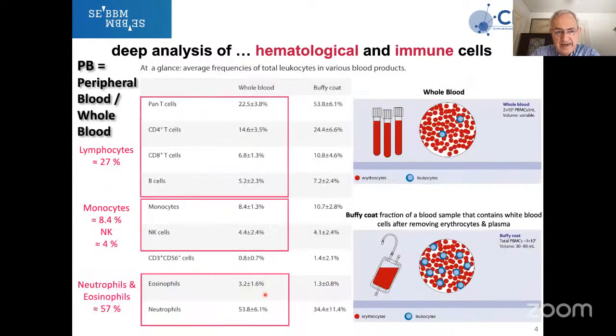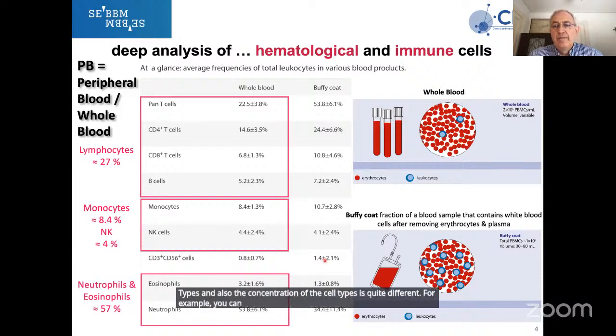This is not an easy task because, as you know, there are many different cell types, and also the concentration of the cell types is quite different. For example, you can see here if we compare the whole blood, the peripheral blood, when we go to quantification of the different cell types, lymphocytes are 27%, monocytes only 8%, and neutrophils and eosinophils nearly 60%.